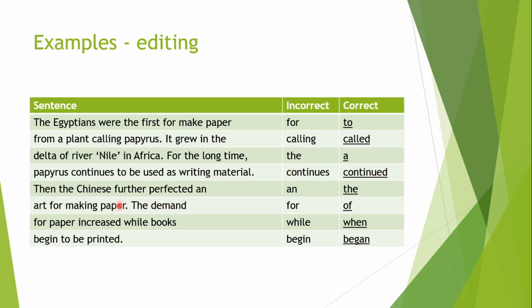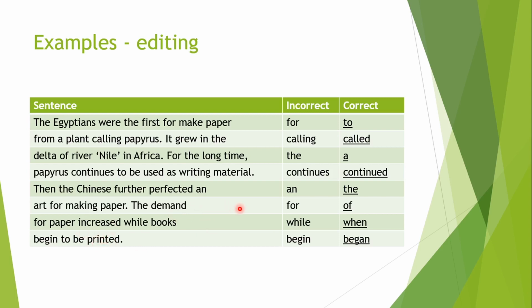See, not an art for making paper. Here we are talking about particular papers, so in place of an it should be the. The demand for paper increase. See, this for should come here, so it is here by mistake, it has come down, no problem.